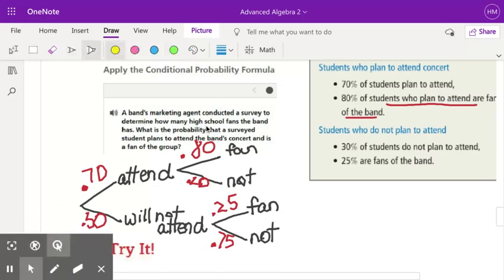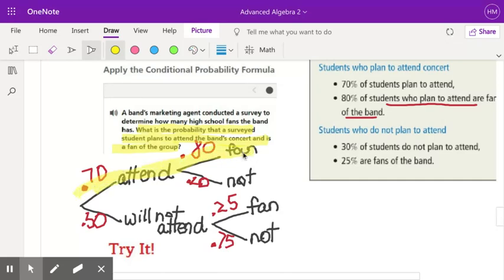So then this question: what's the probability that a surveyed student plans to attend the band's concert and is a fan of the group? So a surveyed student plans to attend and is a fan. Looks like it's this pathway right here. So to get that probability, I can just multiply those two numbers together.